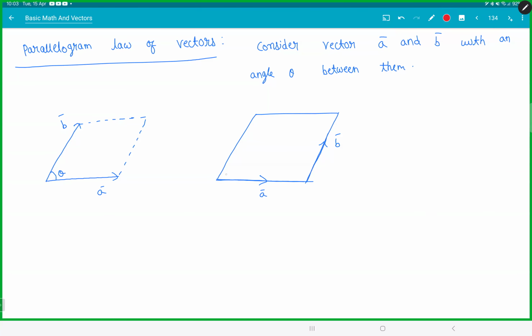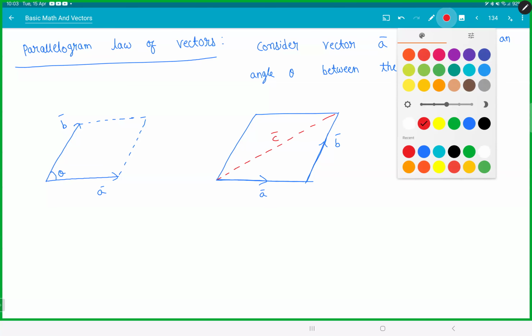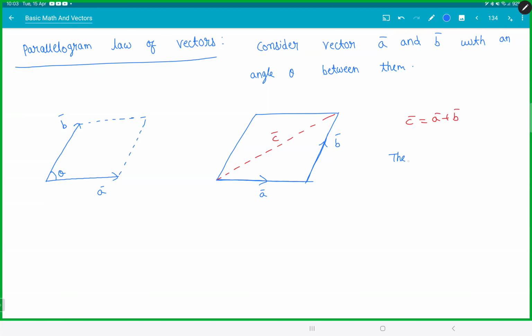So the resultant of these 2 vectors will be the diagonal C bar. So when you join them tail to tail, you get the remaining tail and the remaining head. So the thing is, we need to find this magnitude.